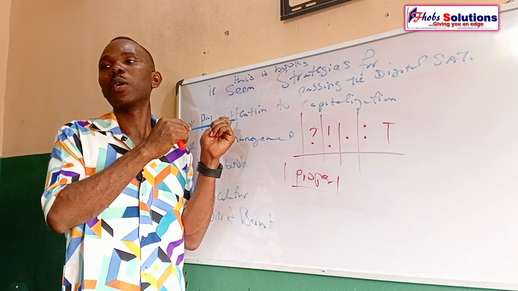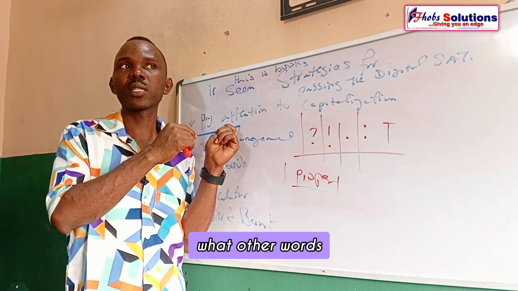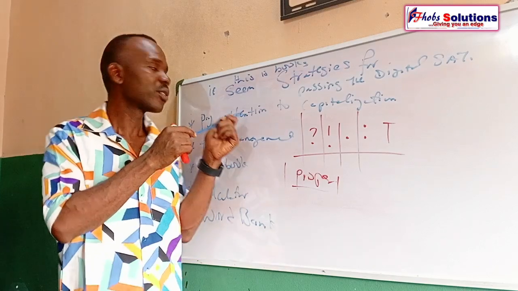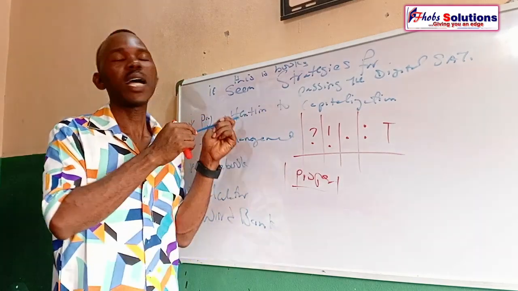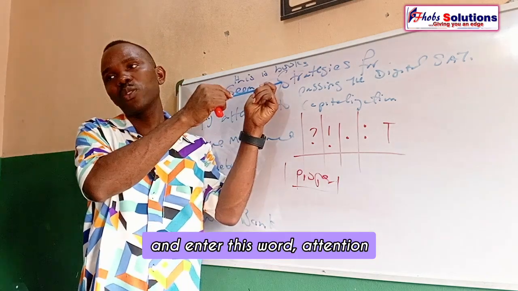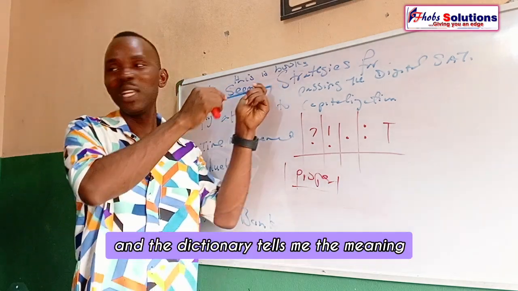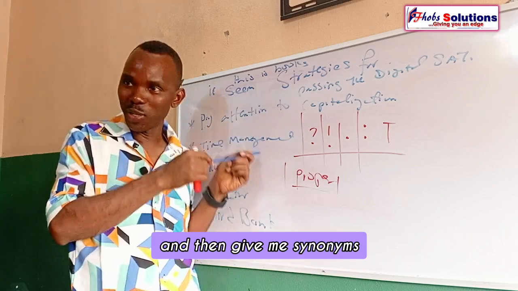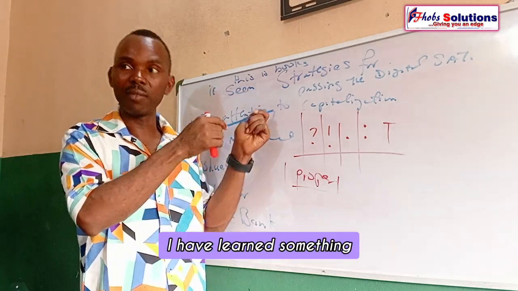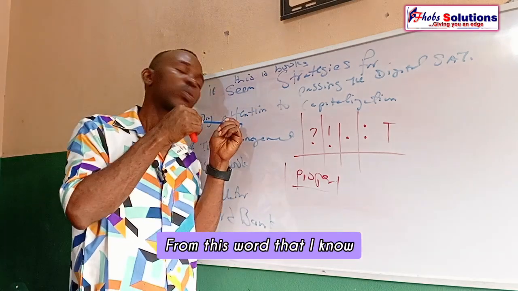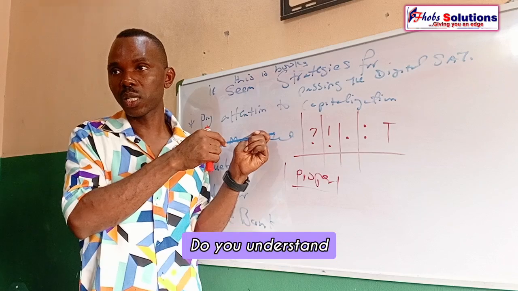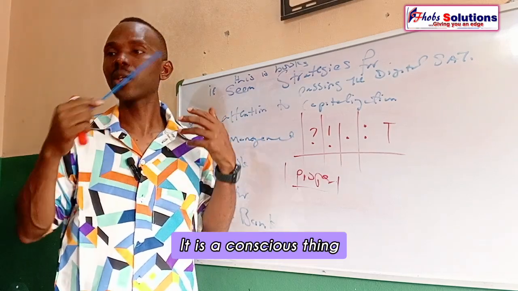All right? But I am thinking, what other words, that is synonyms, can be used in place of attention? So since I know the meaning of attention, I take my dictionary and enter this word attention. And the dictionary tells me the meaning and then gives me synonyms that I can use in place of attention. So what has happened? I have learned something. From this word that I know, I've gotten other words that I do not know. Do you understand? It is a conscious thing.